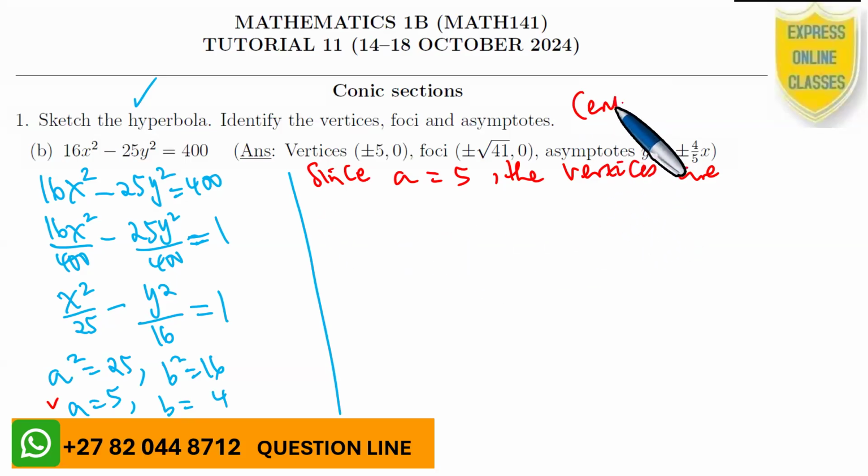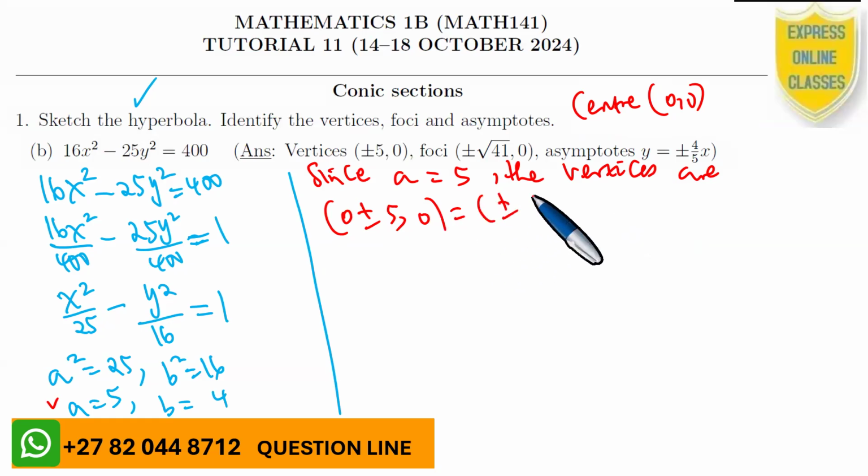The center is 0, 0, and then the vertices are going to be 0 plus or minus 5. It affects x, giving us plus or minus 5 and 0.